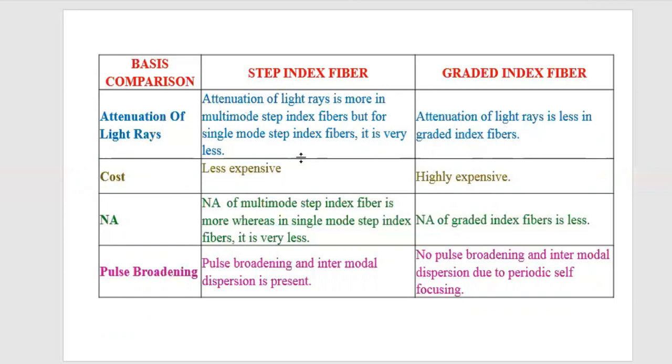Step index fiber is less expensive, as just synthesizing the core material and fitting the cladding is enough. But graded index fiber is highly expensive, because the refractive index should change gradually. If there is any manufacturing defect, the rays will escape into the cladding material, not satisfying the condition of total internal reflection.